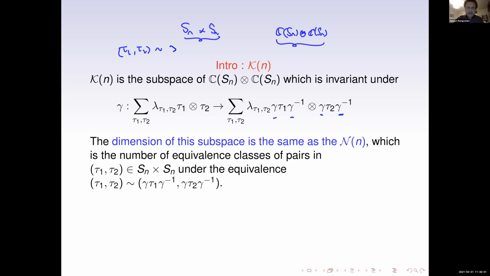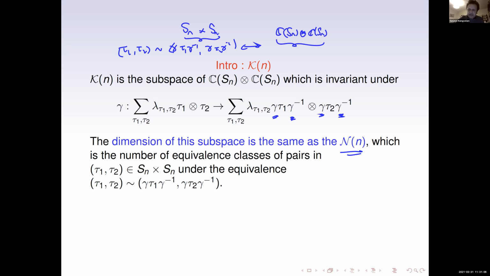Here we have equivalence classes, and here we define an analogous thing, a subspace which is invariant under this simultaneous conjugation.